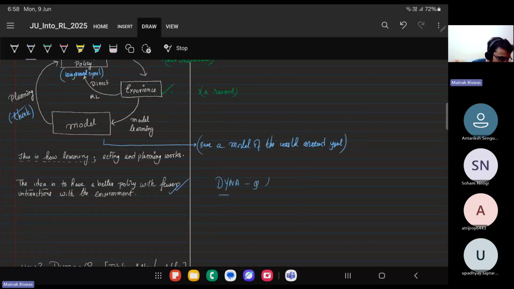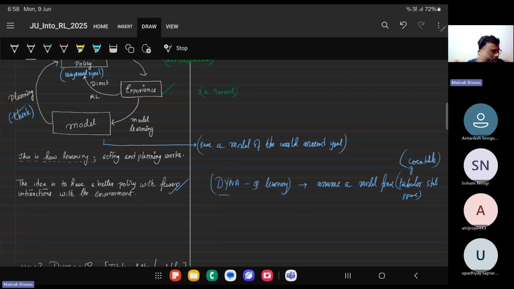We'll assume a model-free tabular algorithm, with a tabular, countable state space. If it is not countable, you can use your knowledge of feature extractors and things like that to get it into a countable space.